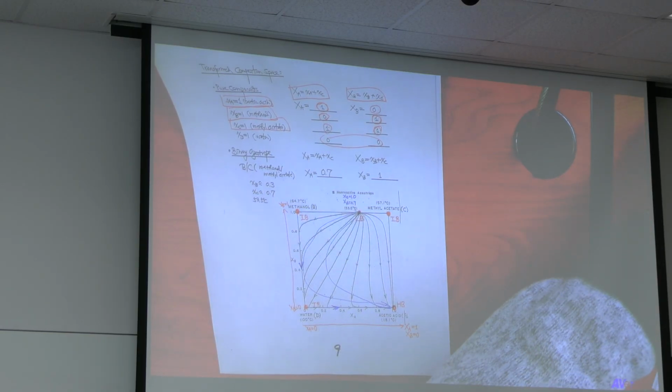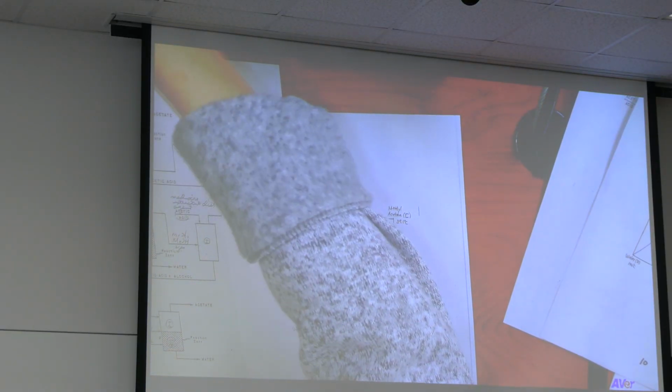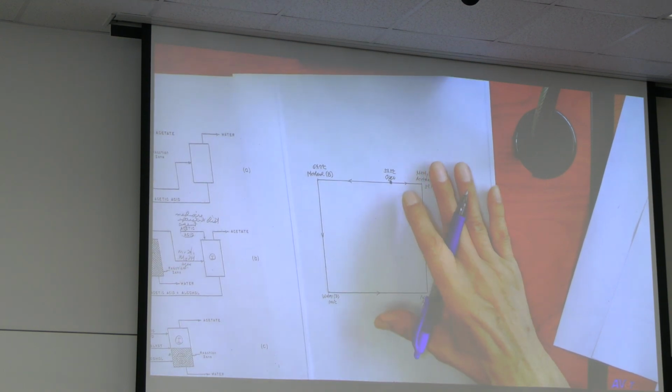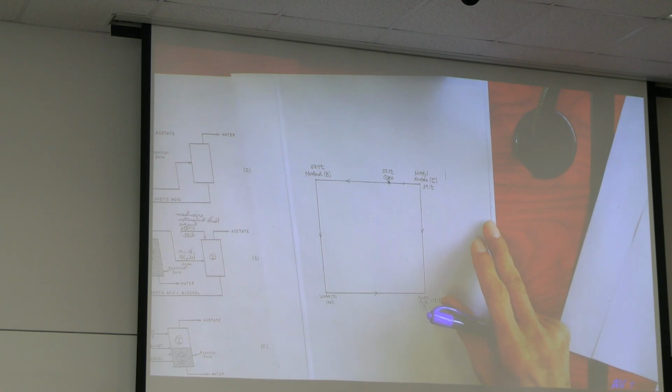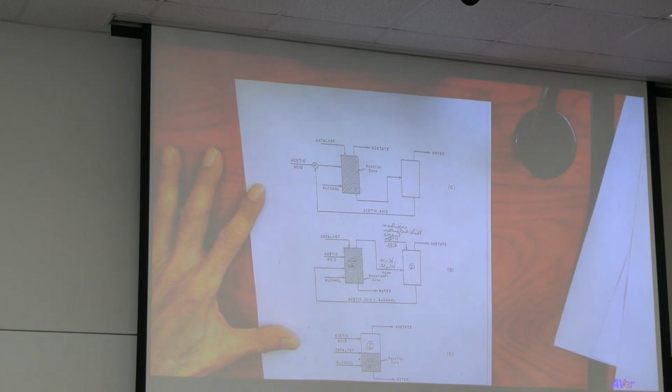So now, here's the challenging part. We are going to use page 10 and 11 to create the reactive distillation process. Okay? First, let's look at page 11.